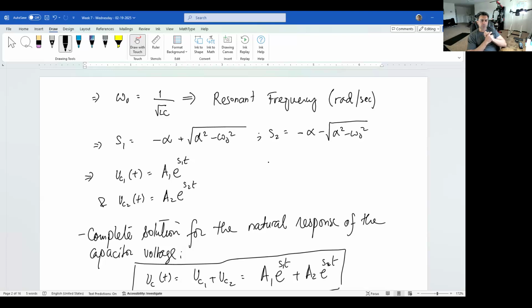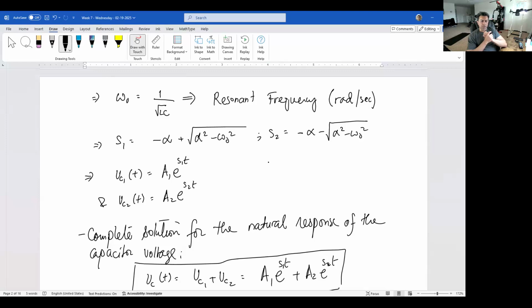If alpha is greater than omega naught, then the term under the square root is going to be a real, positive value, alpha squared minus omega naught squared. And then you have two distinct roots, S1 and S2. And both values will be negative.